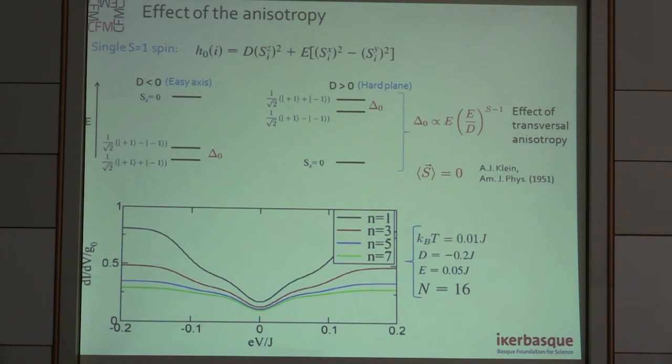But still, in the differential conductance, even in the presence of a small magnetic anisotropy with both longitudinal and transversal terms, one should be able to observe the localization of the edge excitation of the system. So the amplitude of this excitation decays as one moves from the edge of the chain toward the center of the chain.